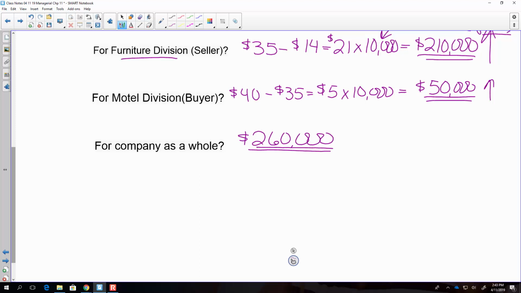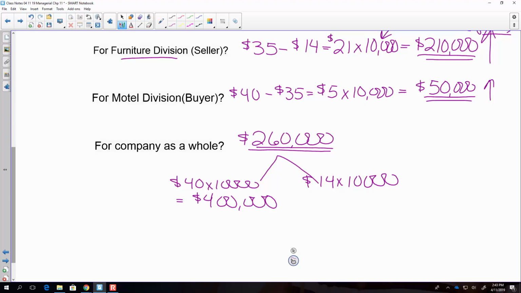So if you want to look at this 260 another way, remember, I'm not buying from an outside supplier any longer. So that savings is actually 400,000 in less expense going outside of the company as a whole, right? But remember, I had to spend $14 in materials and labor and overhead.